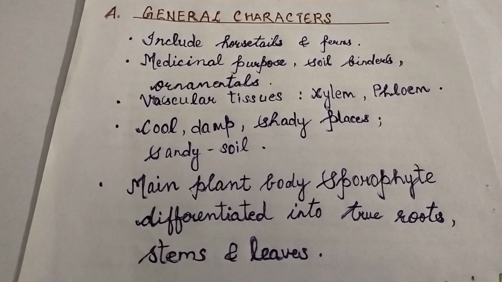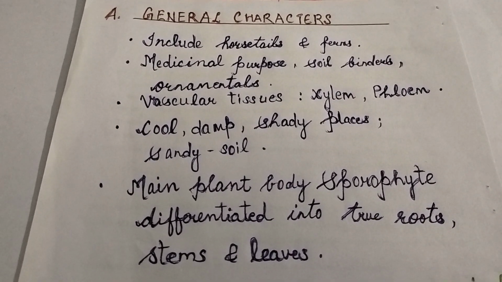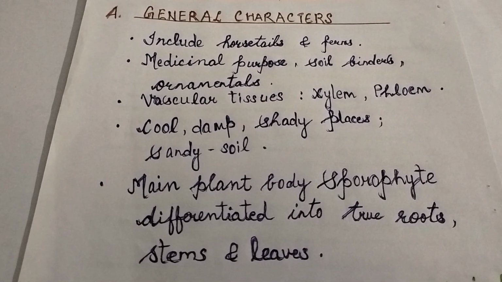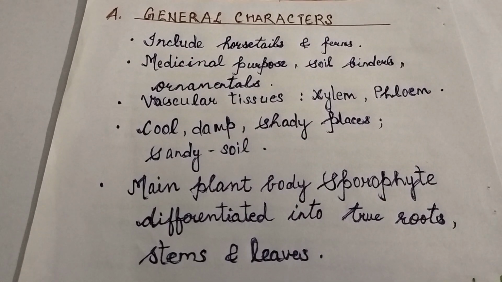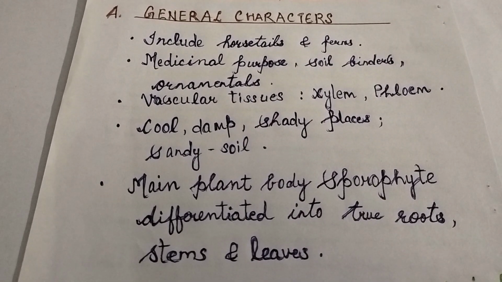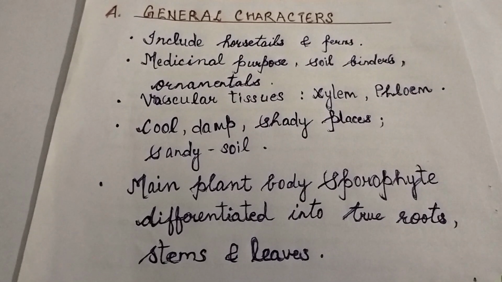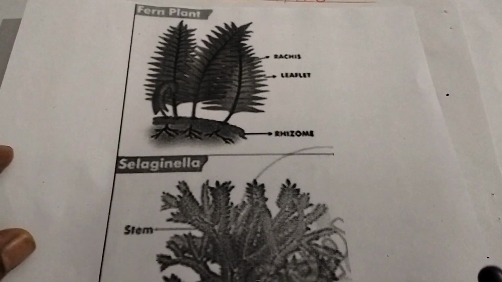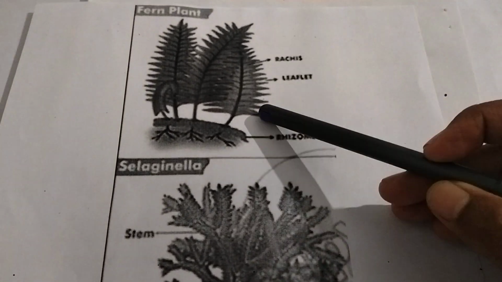But here advancement has taken place in pteridophytes, and the plant body is differentiated into roots, stems and leaves, and that too true root, stem and leaf. I will show you a picture of some pteridophytes. See, this is fern.